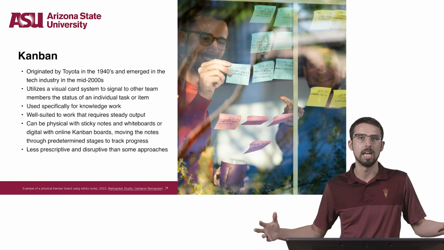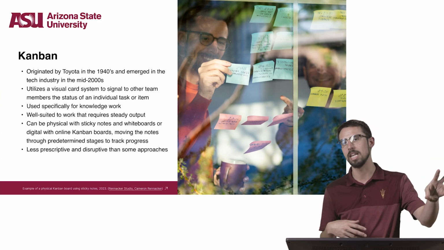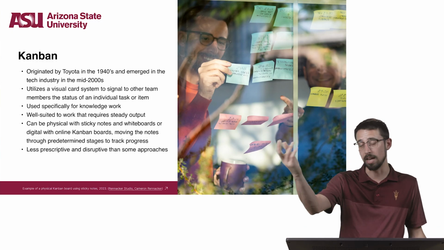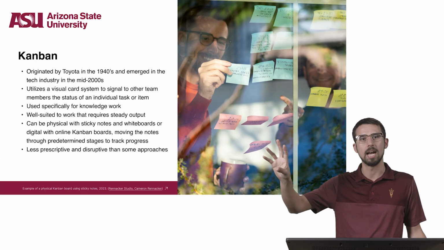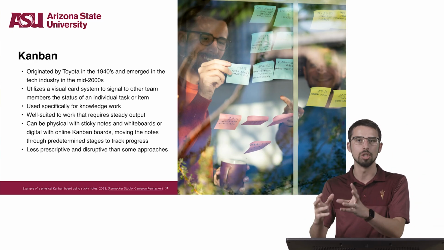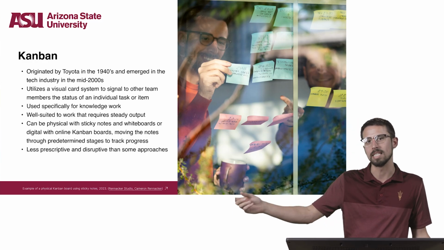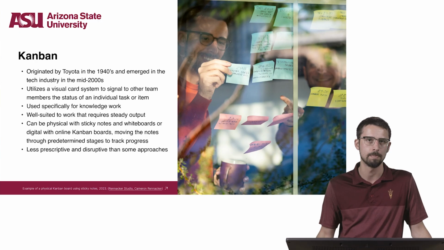Project teams create visual representations of their tasks, often using something like sticky notes and whiteboards, or now we even have digital Kanban boards. And you move those tasks through sort of predetermined lanes or stages to see progress as it happens and identify where roadblocks could occur at any given stage.